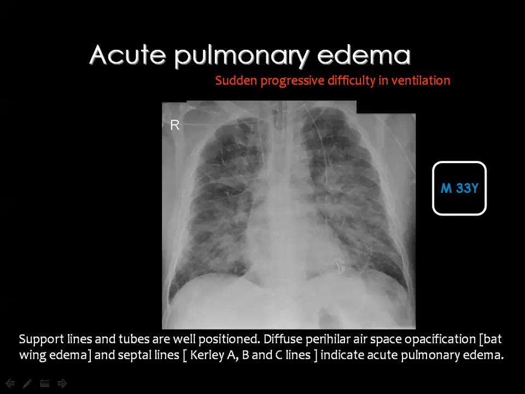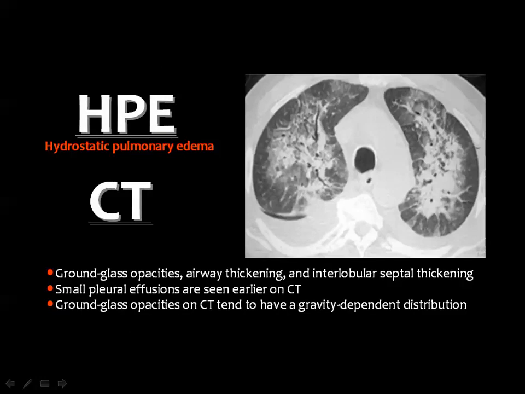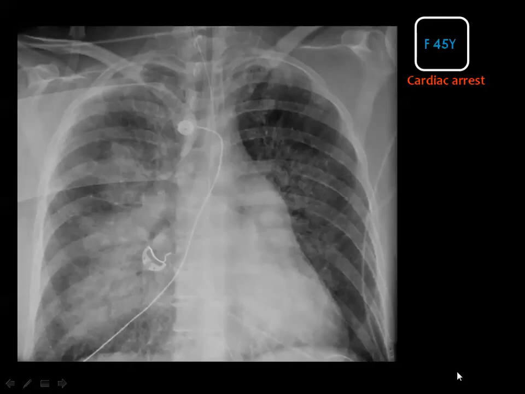This is acute pulmonary interstitial edema with bilateral ground glass opacities, interstitial septal thickening with A and B Kerley lines. If you use CT, you can see ground glass opacities with thickening of the pulmonary interstitium. You can get bilateral pleural effusion as well as ground glass opacities.